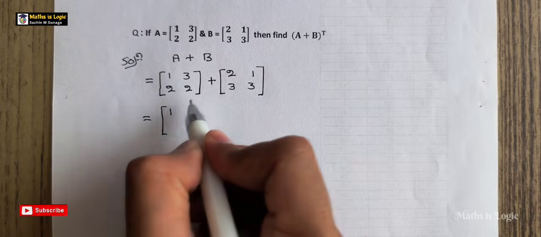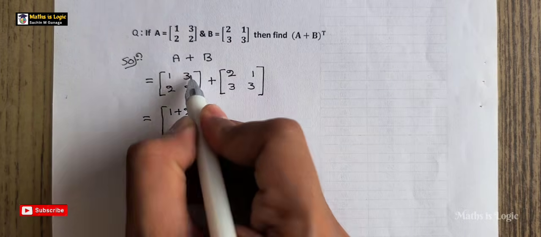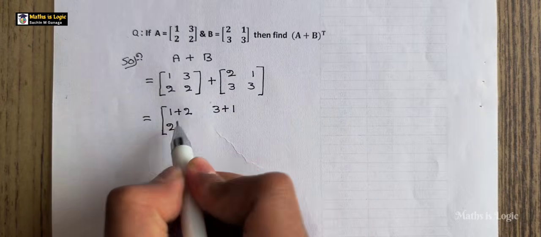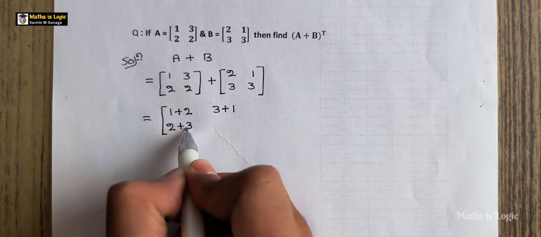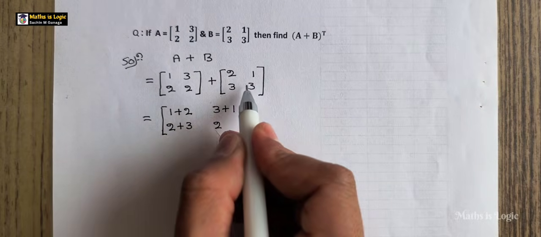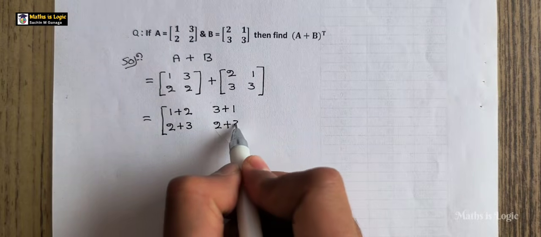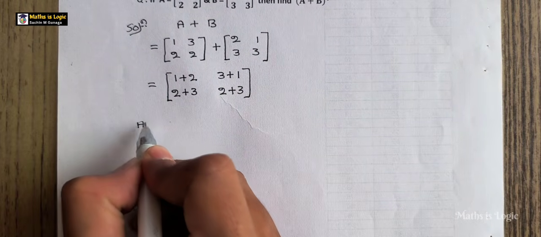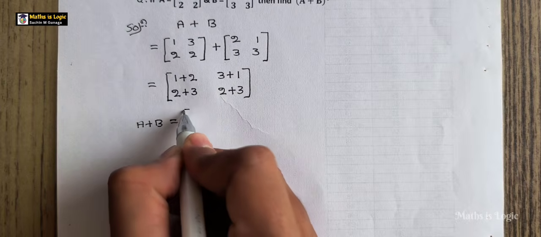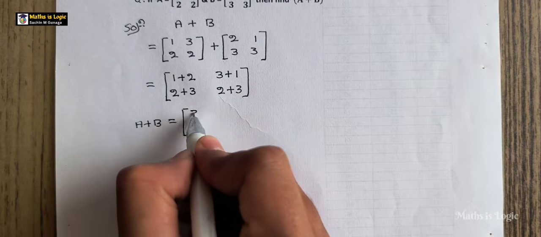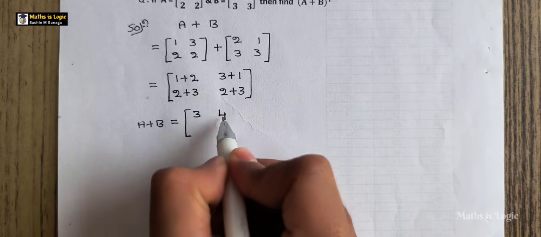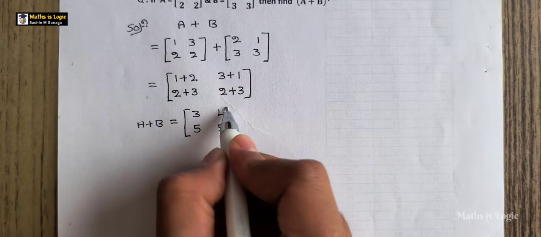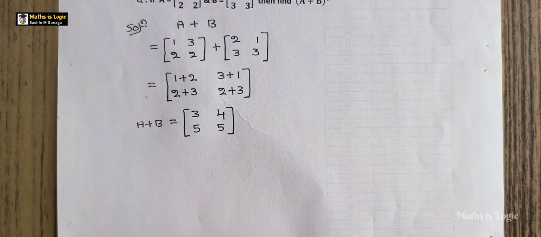Therefore it is 1 plus 2, 3. Next 3 plus 1, 4. Next 2 plus 3, 5. Next 2 plus 3, 5. So this is the value of A plus B.